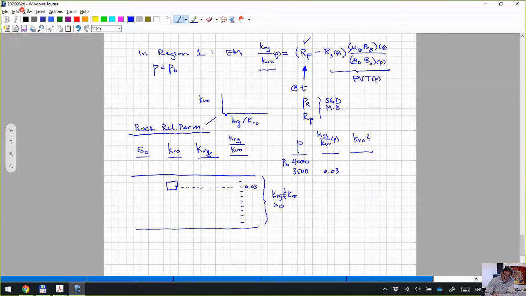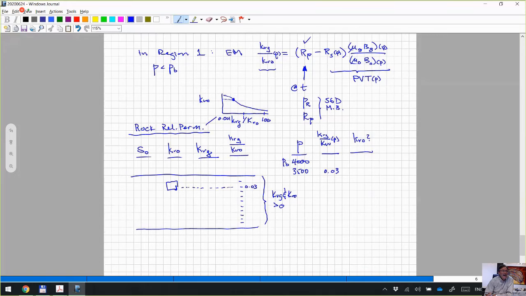And it starts, for oil reservoirs, it starts down here, and this curve looks something like this, and they put it on a log scale. So this is 0.001, that's 1, and that's maybe 100. So for the 0.003, or 0.03 there, we got that, and then we get this value of KRO.